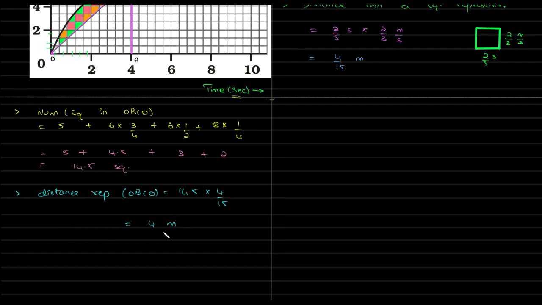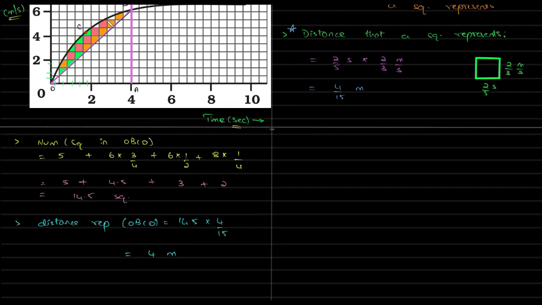So that's it. You got it? So all of this put together represents 4 meters approximately. It's not exact because, oh yeah, by the way, I cancelled this and this. So this is approximate. I mentally cancelled it. I didn't tell you guys. So 14.5 divided by 15 approximately is 1, because we can't go to the detail of calculating all of that. It will be too hectic.